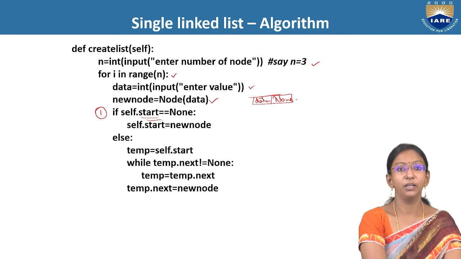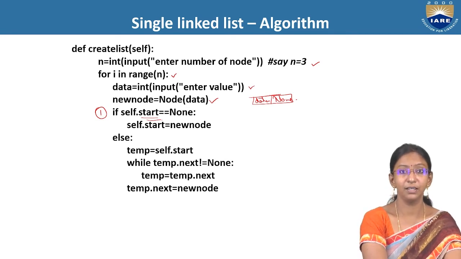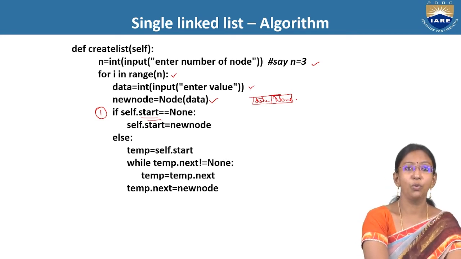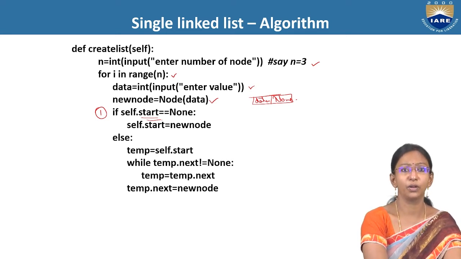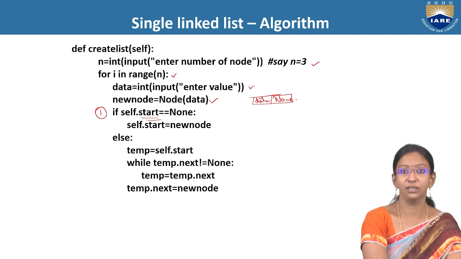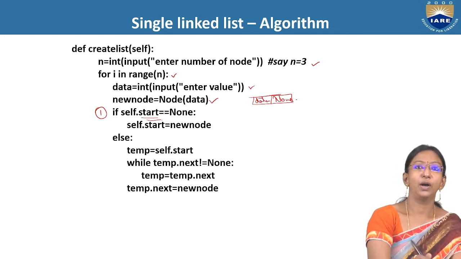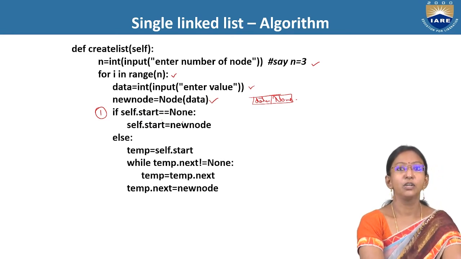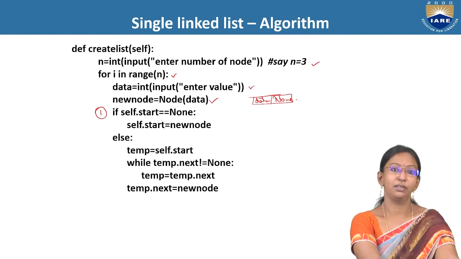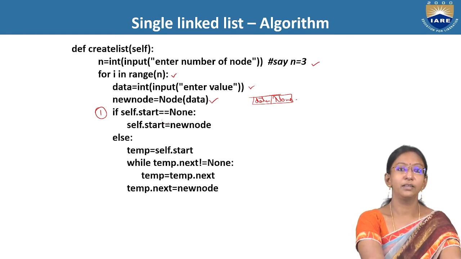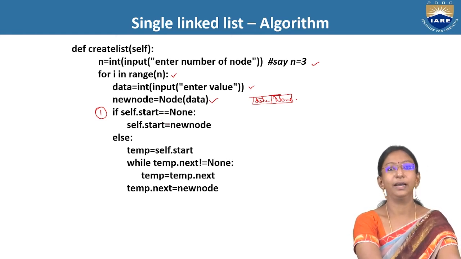If there were elements in the list, then start would be holding an address, particularly the address of the first node. If it is None, then obviously there is no list. It is an empty list, right? So as soon as you find that start is filled with None, store the address of the new node inside it, because it is the first node of its kind.